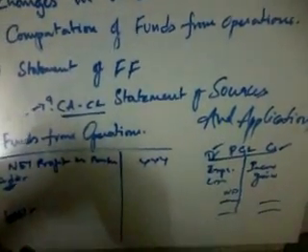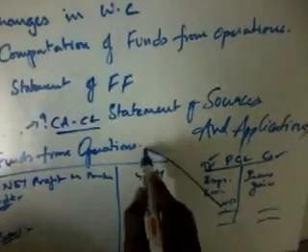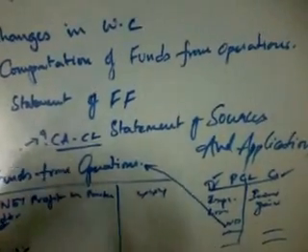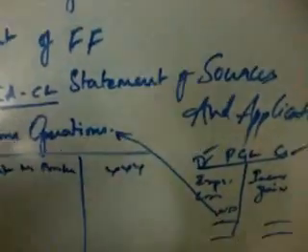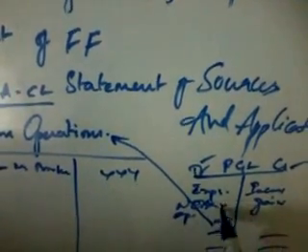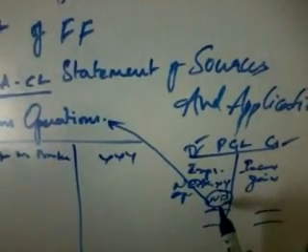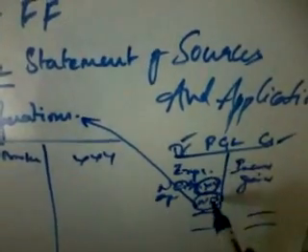But what we have to derive is only the profit which arises from the operations of the business. Because of non-operating expenses here, the net profit will be reduced. That means it is not the profit which is out of operations. So when a non-operating expense has been debited, the profit is reduced.